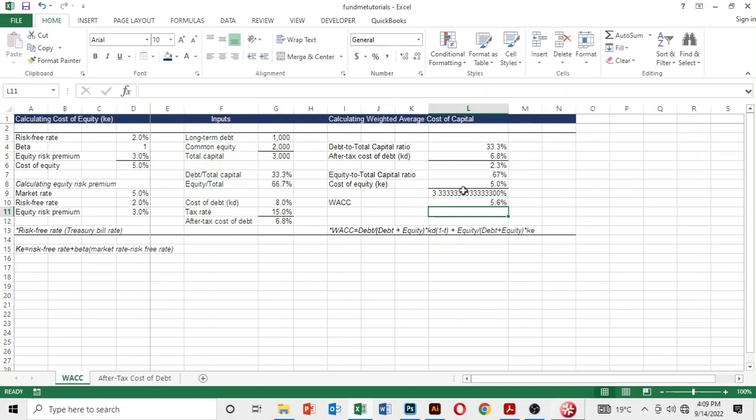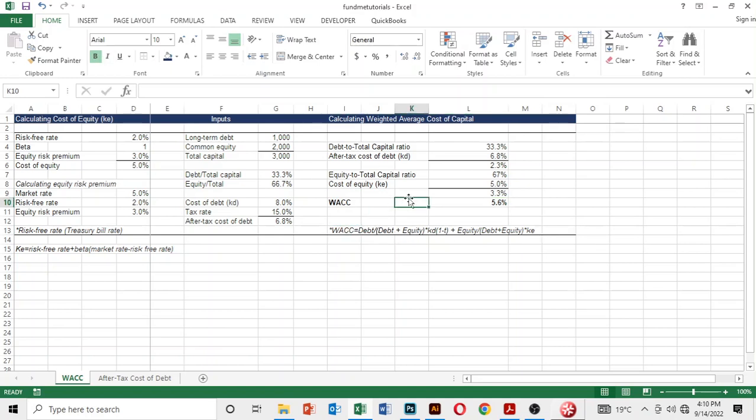Okay, so let me just Alt H0 there. So the overall cost, the weighted average cost of capital, is 5.6%. So what this essentially means is this is the cost of raising both equity and debt. Okay, so here is the formula here.